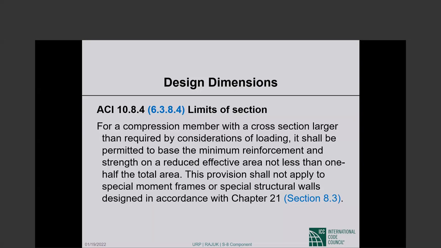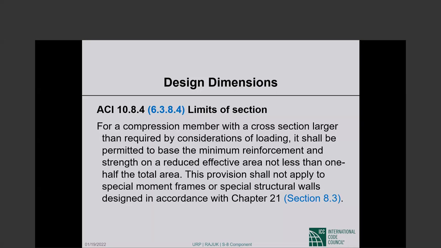Now, if you have more area than you need to carry the loads that are coming on your column, say you need 100 square inches, but for whatever reason, you have provided a column with a cross section of 200 square inches.